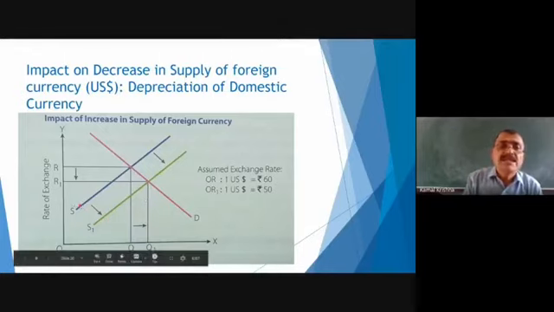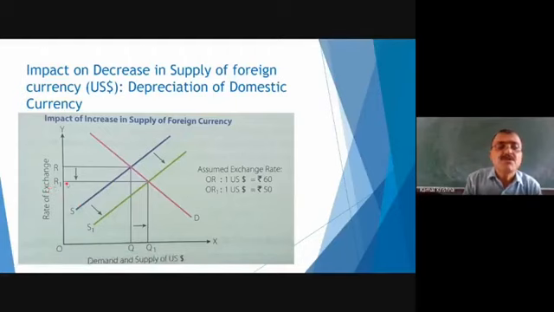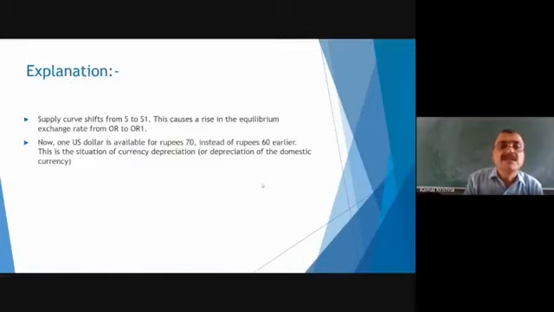The exchange rate increases from OR1 to OR. And in that case, the US dollar, when it was earlier ₹50, now becomes ₹60. So it is the depreciation of the domestic currency.